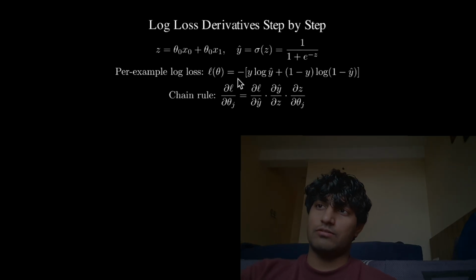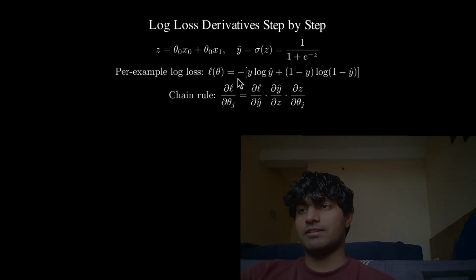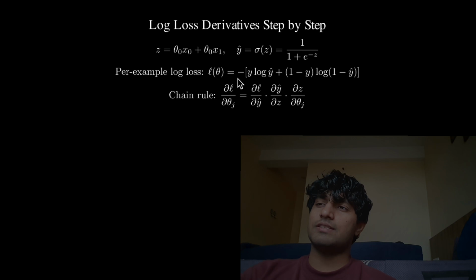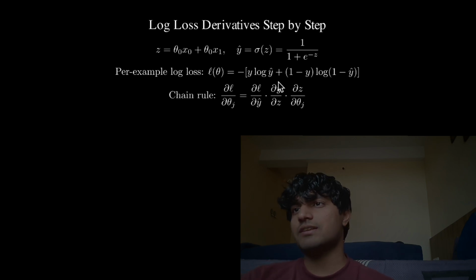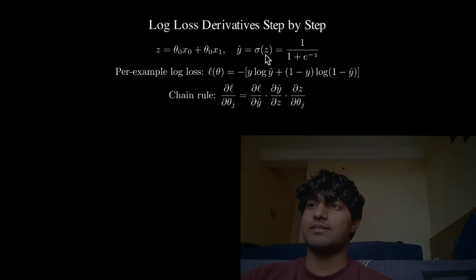There are two ways to do it. One is the systematic way, the other is the simple way which we have done in high school, basically how we do differentiation. Just replace this y hat with the whole sigmoid of z, and replace z with theta 0 x0 plus theta 1 x1.